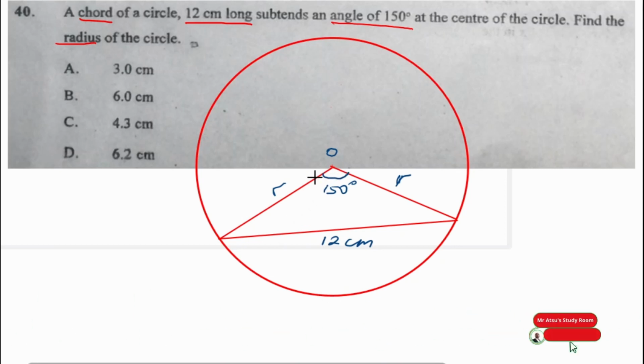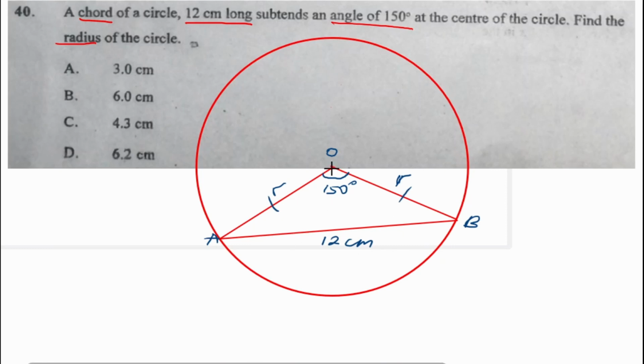So this triangle here, maybe let me call it here A and then here B. Triangle OAB is an isosceles triangle. Why are we saying that? Because it has 2 equal sides.